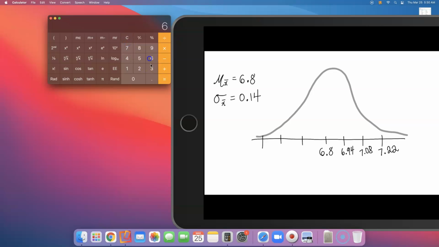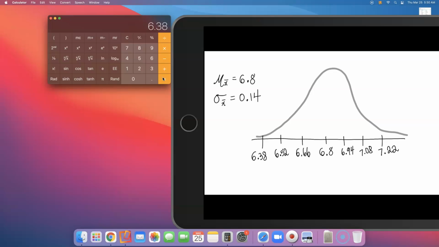And to go to the left of 6.8, I will subtract 0.14, 6.66, you guys, and minus another 0.14. And you get the idea, right? You can do it this way. And I like my picture even better because I have my important points plotted.